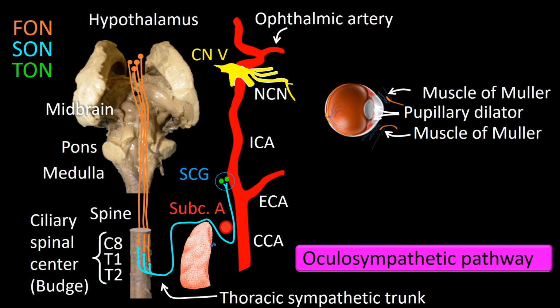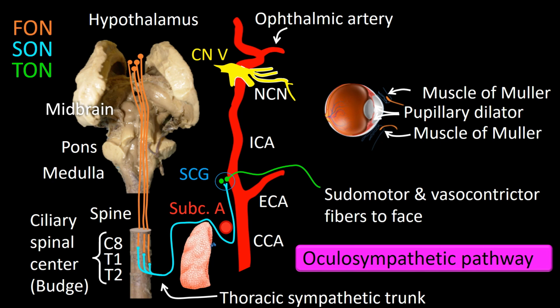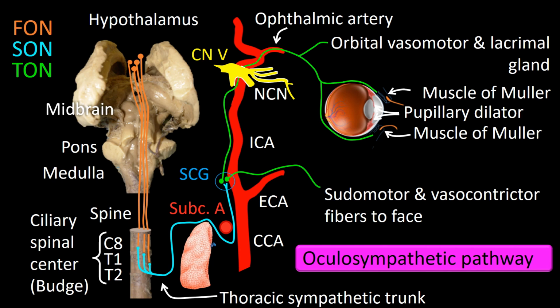In the superior cervical ganglion, some of the neurons send axons that travel with the external carotid artery to supply the pseudomotor and vasoconstrictive fibers of the face, while others ascend in the carotid artery, departing from it by jumping into the ophthalmic artery to innervate the muscle of Mueller. A branch of the nerve going to the muscle of Mueller innervates the lacrimal gland and orbital vessels.